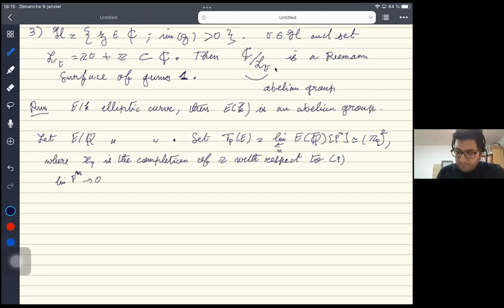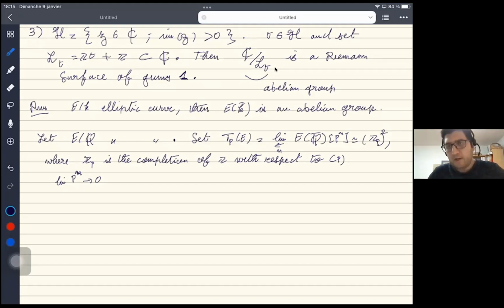And here you can see already in an example, if you take a Riemann surface, you can calculate what is the P-n torsion. It will be 1 over P-n, the lattice that I used. And if you take the limit, you will get Z mod P-n square, and you take the limit on n, so you get Zp square.